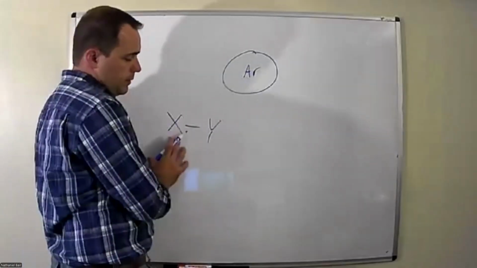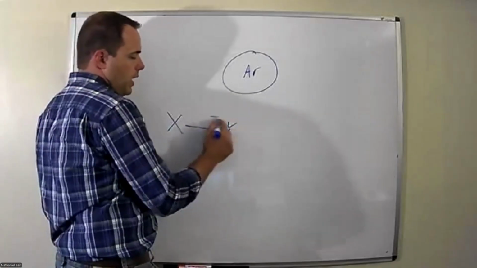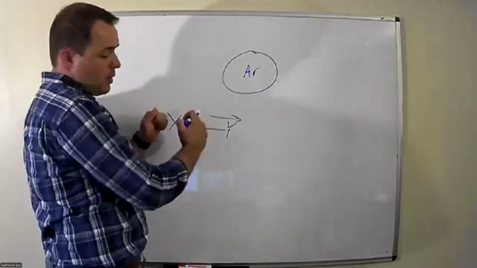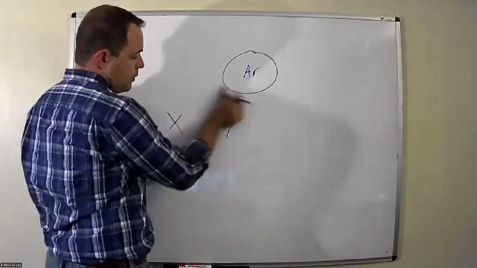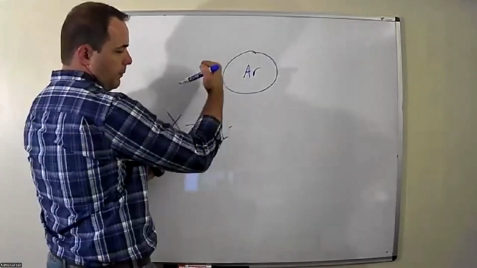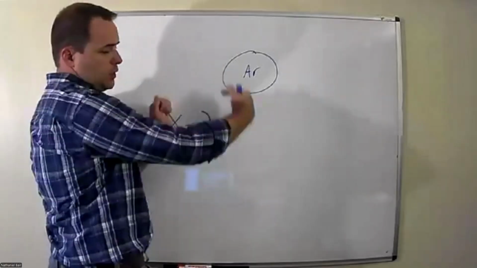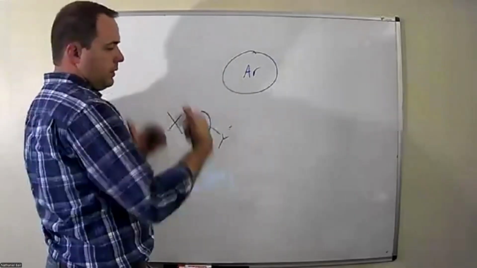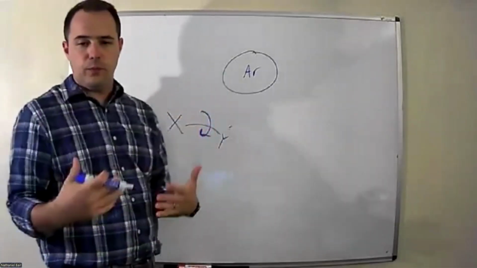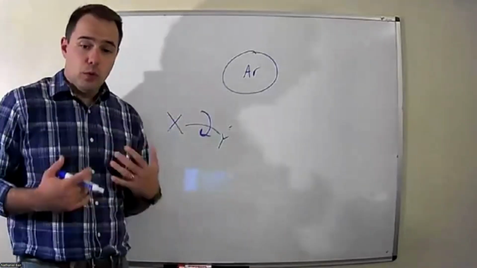If I have a bond between X and Y, this bond could elongate, like Y could move away from X, it could stretch, X could move away from Y. The bond could bend a little bit, so Y could move down here, Y could move up here. If it's a single bond, the bond can rotate. So Y could spin around. They could spin together, they could spin counterclockwise. There's a lot of randomness when you start putting atoms together. And the more bonds and the more atoms you start creating, the more randomness you're going to have.